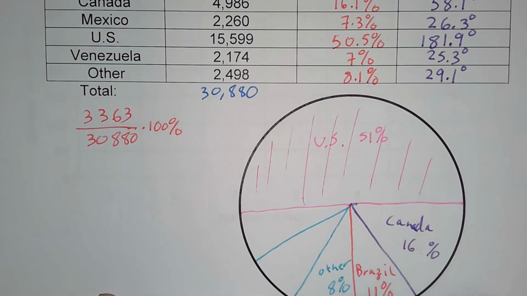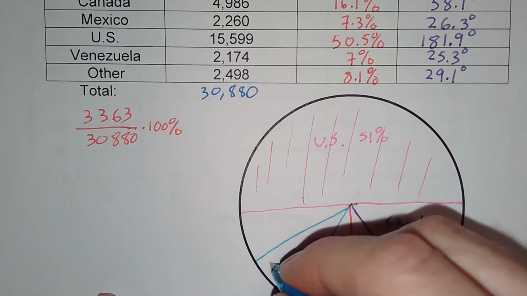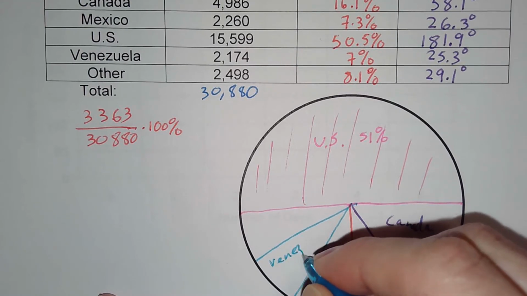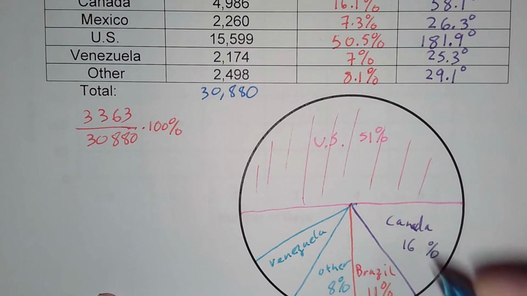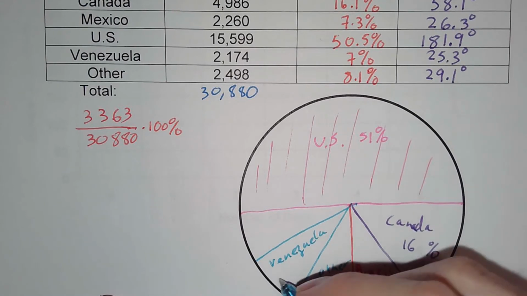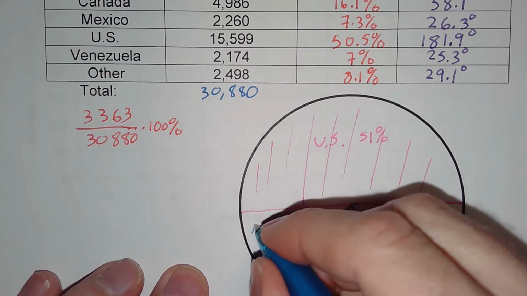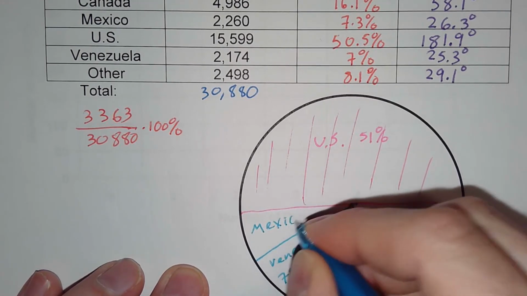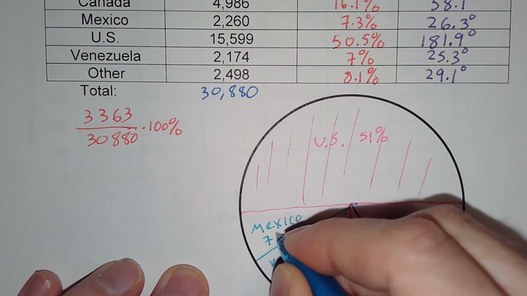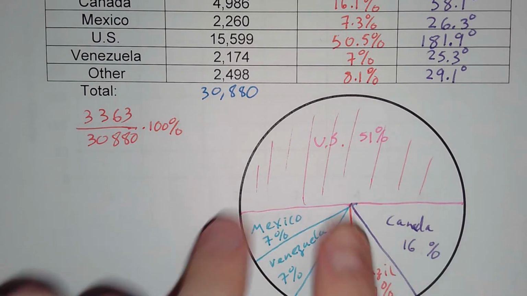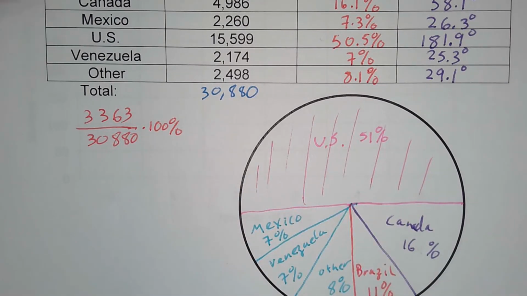Maybe this one is Venezuela, and that's at 7%. And we have Mexico, which is about 7%. And again, if I wanted to get these more accurate, I would actually get a protractor and measure out these angles.